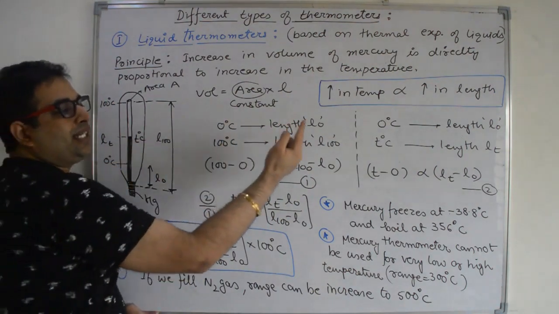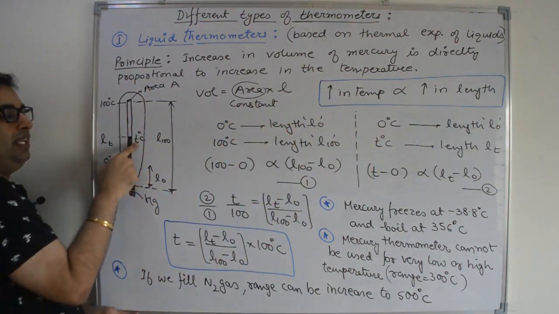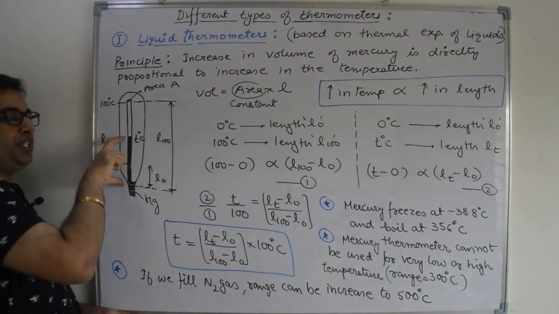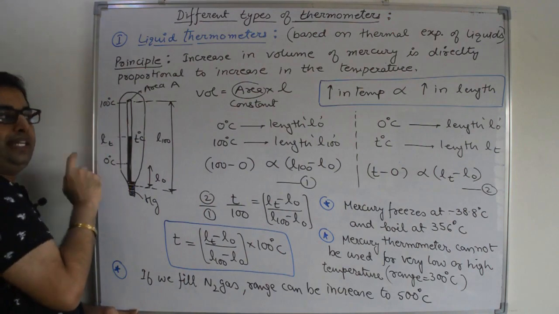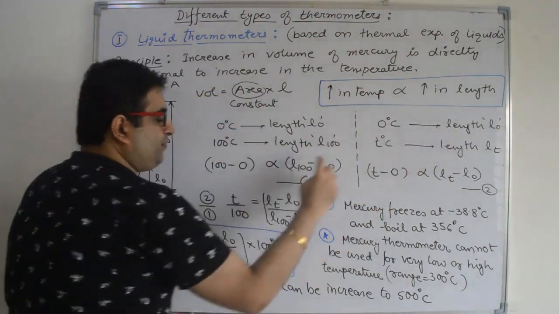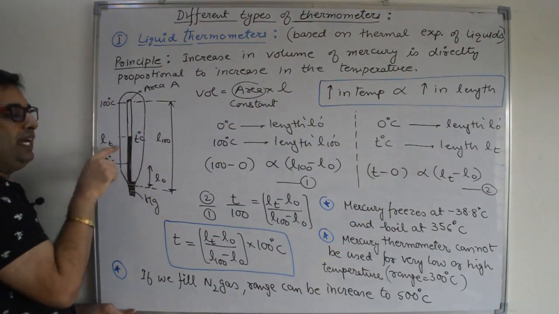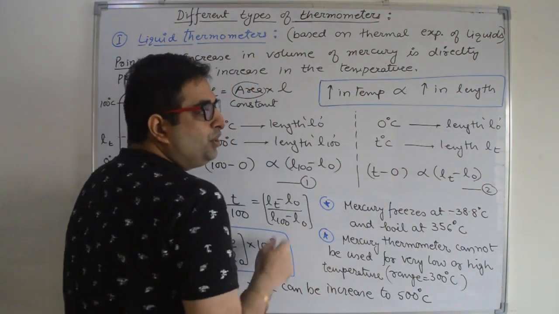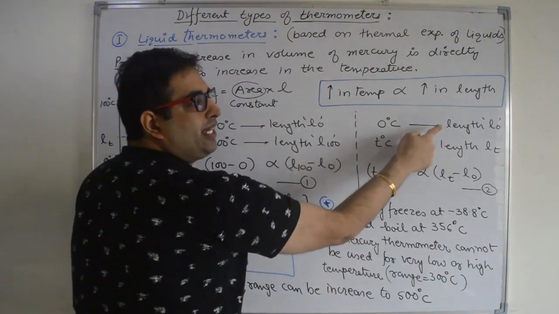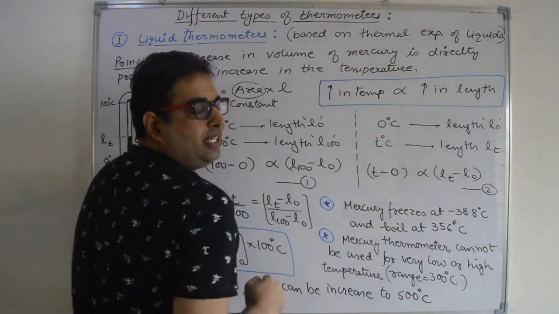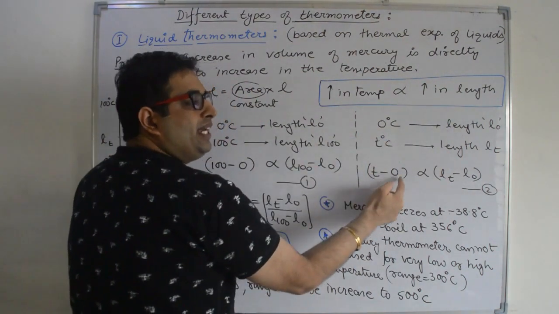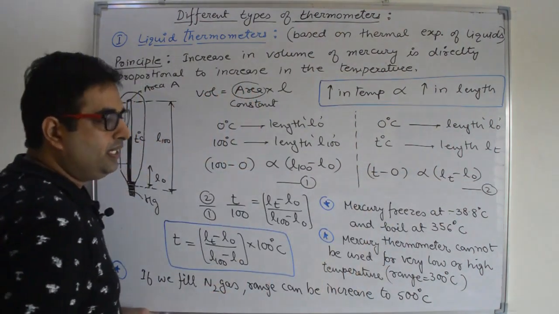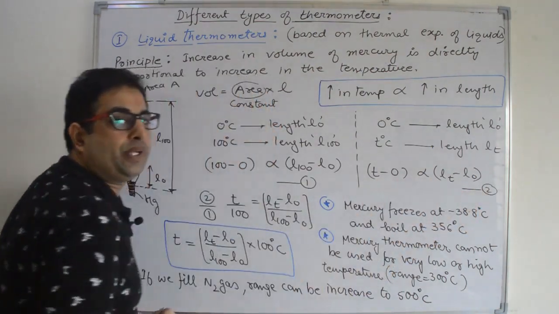Now for some temperature T, let us suppose the height of the mercury is LT. So the length of the mercury column is LT. At 0 degree Celsius, we know the height is L0. At T degree Celsius, the height is LT. So the increase in temperature is directly proportional to the increase in length. So T minus 0 is proportional to LT minus L0. This is our second equation.